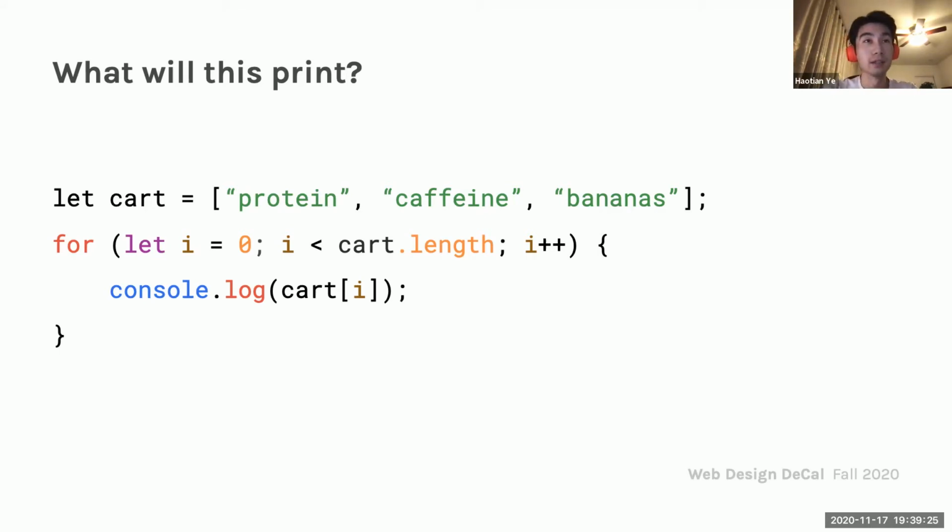Then come back into the loop, i is now 2. cart[2] is the third item of the list. We print out bananas, and then come back into the loop, i is 3, but 3 is not less than 3 anymore. So we quit the loop and finish. Like they mentioned in the chat, we print out the 3 items individually every iteration of the loop.